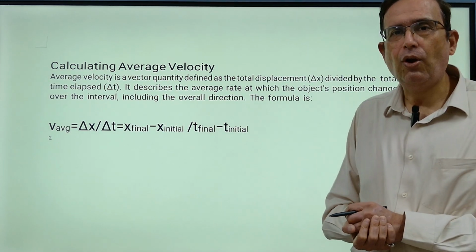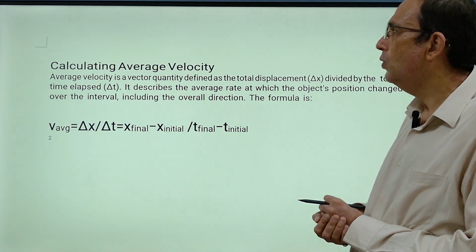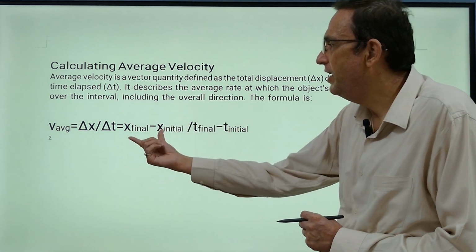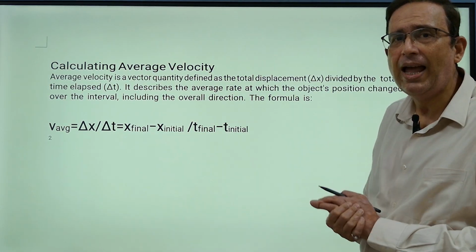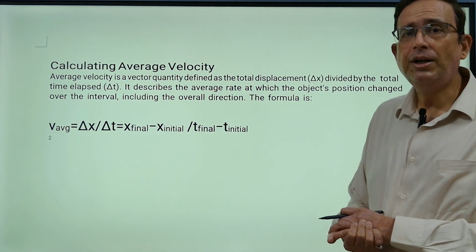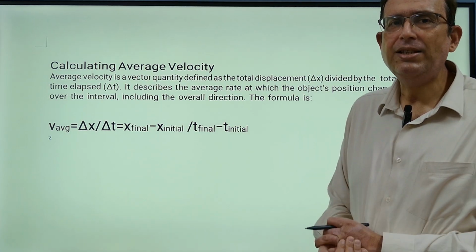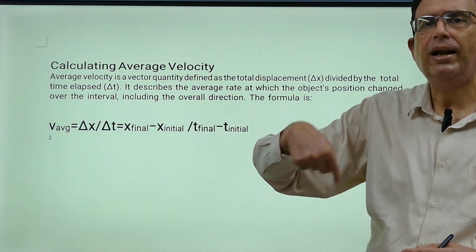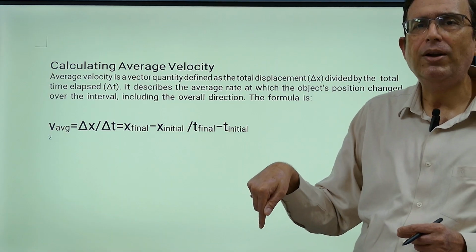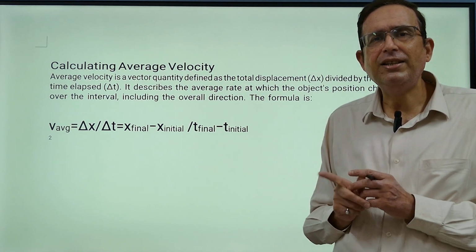Now what is average velocity? Average velocity is basically total displacement divided by the total time. It is not the total distance divided by total time. It is the total displacement divided by total time. So if an object is taking a circular lap and coming back to the same point from where he or she has started, then its displacement is zero.